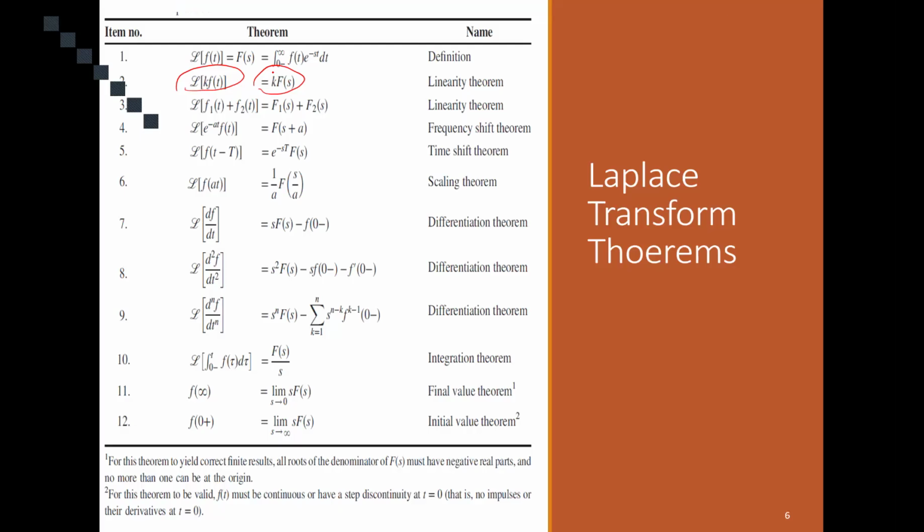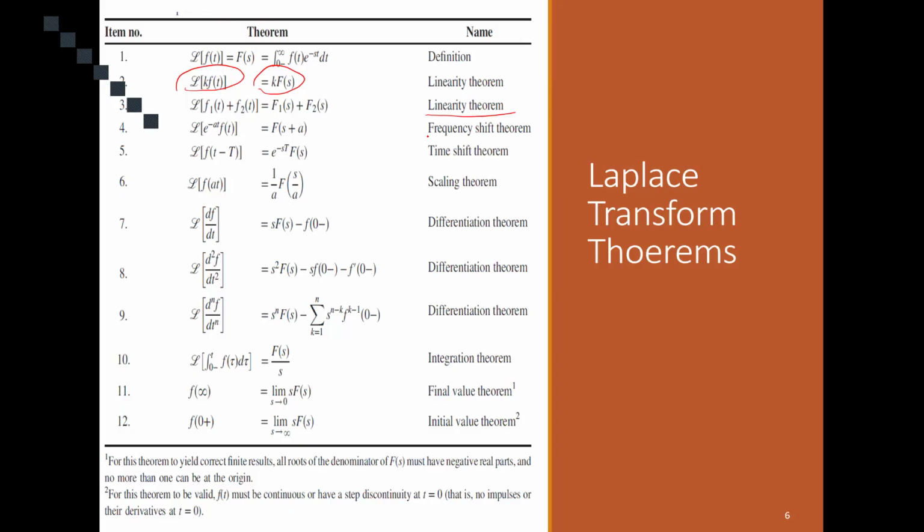Now, another part of the linearity is the summation. If you have two functions adding to each other, the Laplace of, for example, f1 plus f2 is going to be the summation of the Laplace of each individual function. So that linearity is very handy.